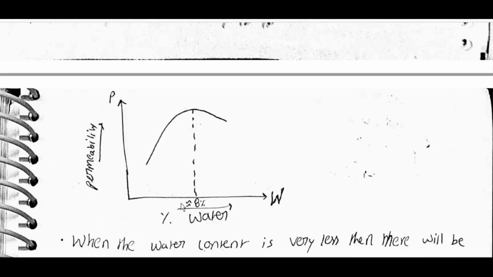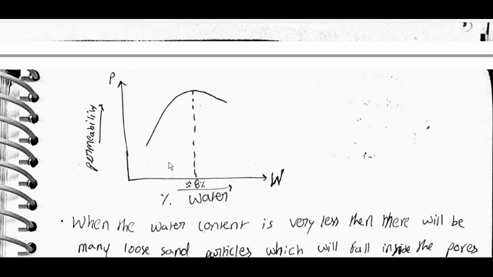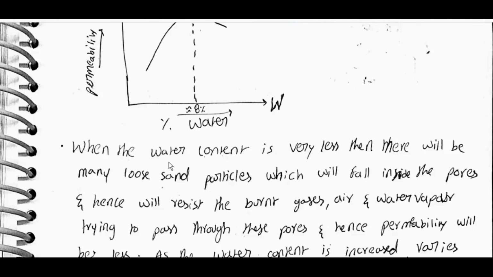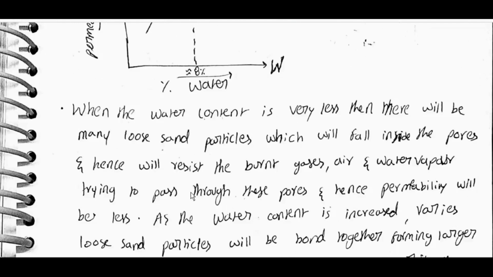Permeability is maximum at 8% water content, then decreases. When water content is very low, there will be many loose sand particles which will fall inside the pores and hence will resist the burnt gases, air, and water vapor trying to pass through the pores, and hence permeability will be less.